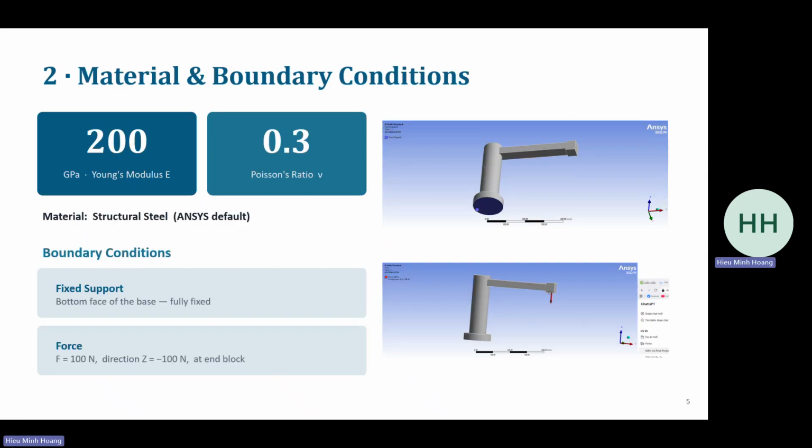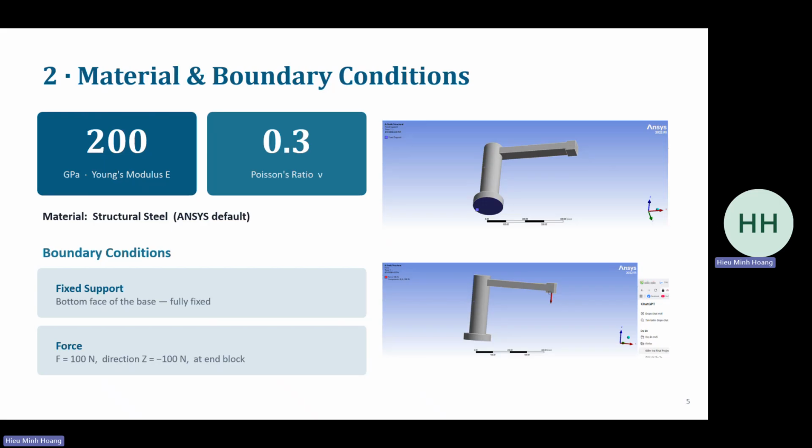After geometry, the next step is the material and the boundary conditions. For the material I use structural steel, the ANSYS default. The Young's modulus is 200 GPa, and the Poisson ratio is 0.3.